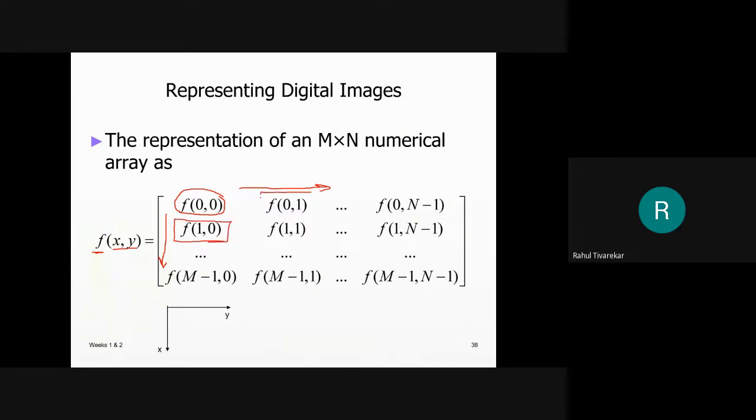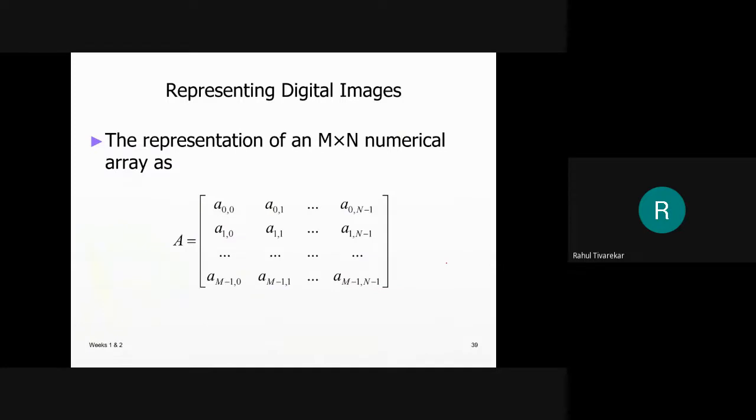Intensity at this point will be read as f of 0 comma 1. I hope you will remember this. I read image pixels 00, 01, 02, 03 in the first line, and image pixels 10, 11, 12, 13, and so on in the second line, 20, 21, 22, 23 in the third line, and so on.